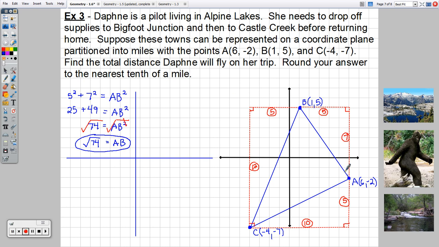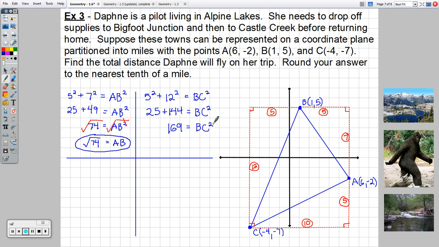BC now, the second leg of her journey. So she went here first, now she's flying to Castle Creek from Bigfoot Junction. That's a 5 squared plus 12 squared equals BC squared setup. 5 squared is 25, 12 squared is 144, BC squared still BC squared. Add those together, you get 169.